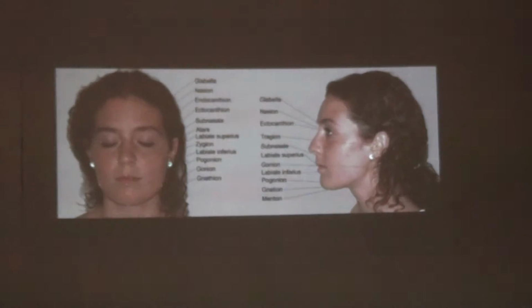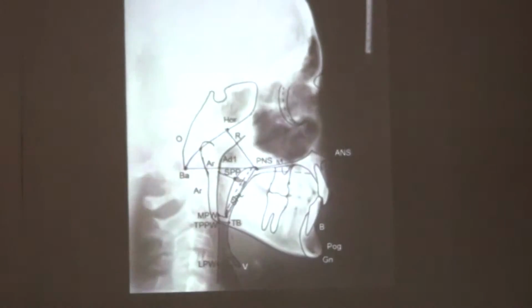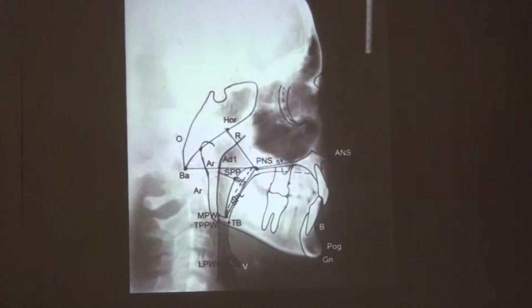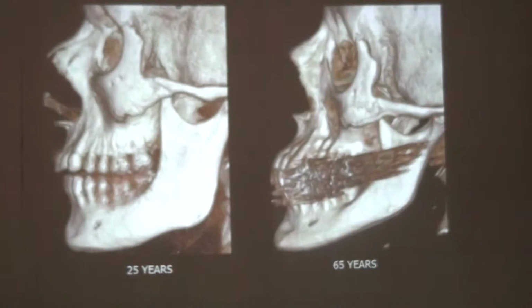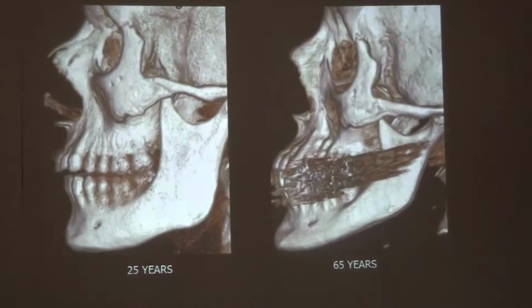These kinds of points on the hard tissue and on the soft tissue are called landmarks. So you need some landmarks to understand the face. If you read the soft tissue of the face and go to the next slide, just see this.